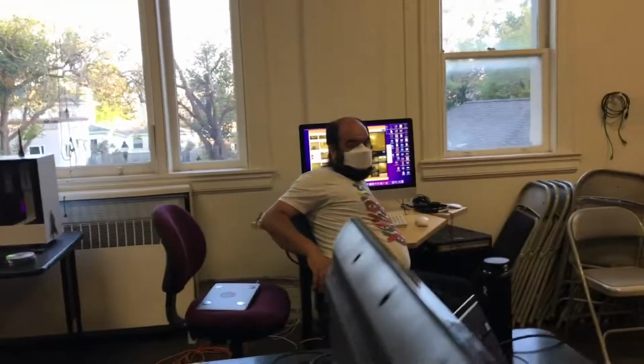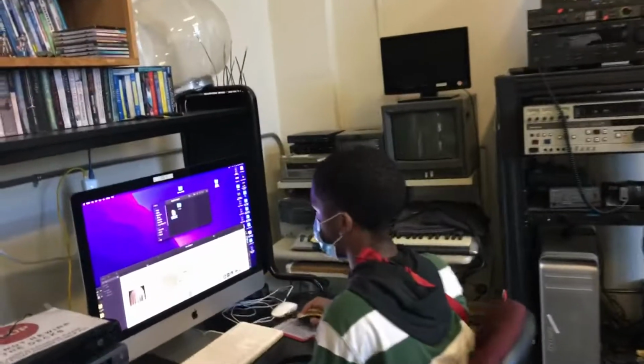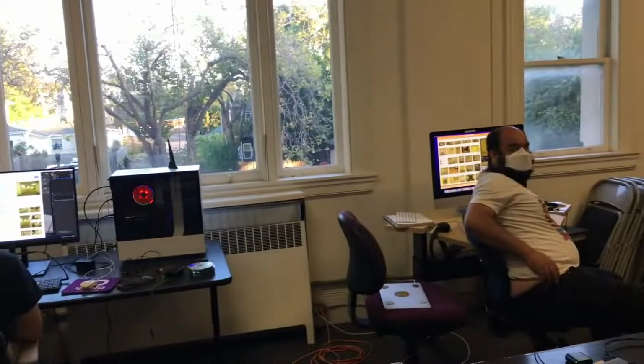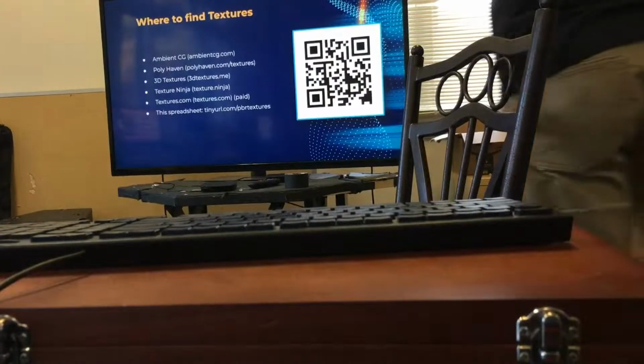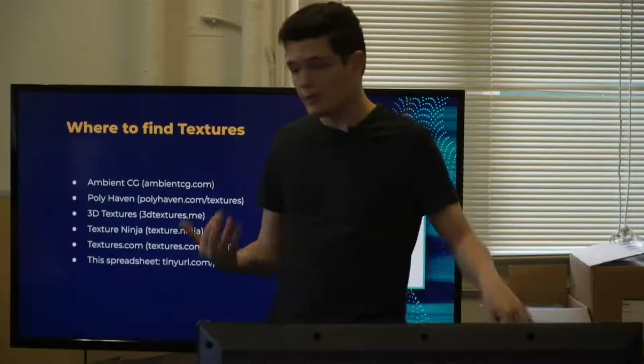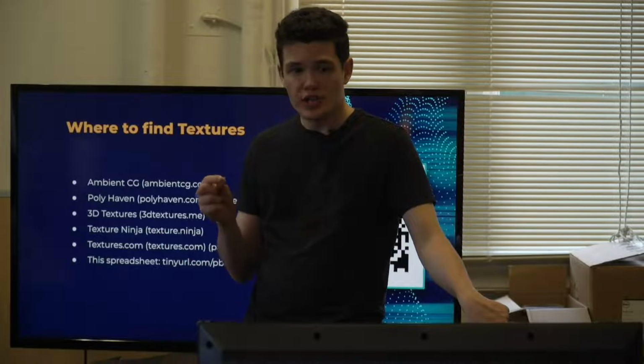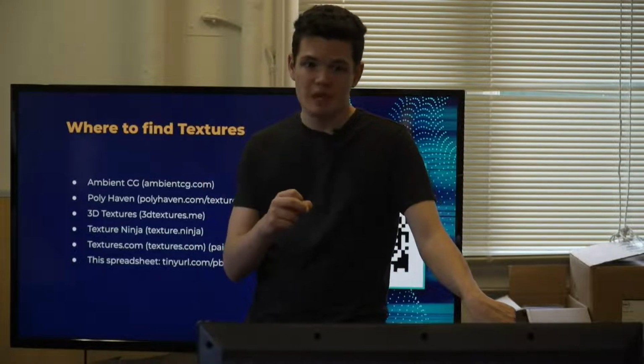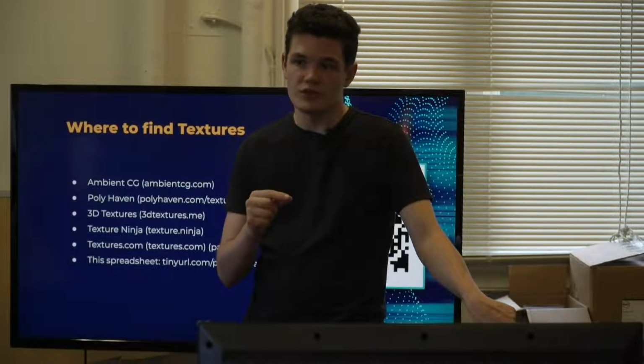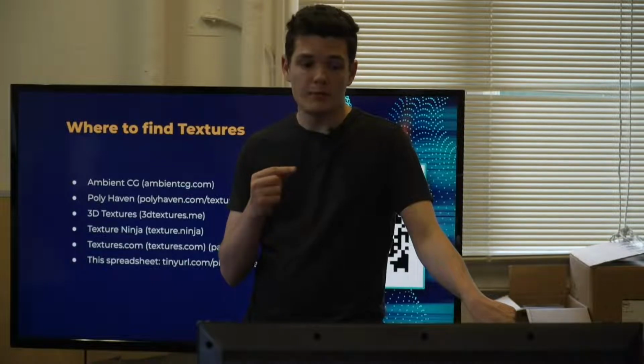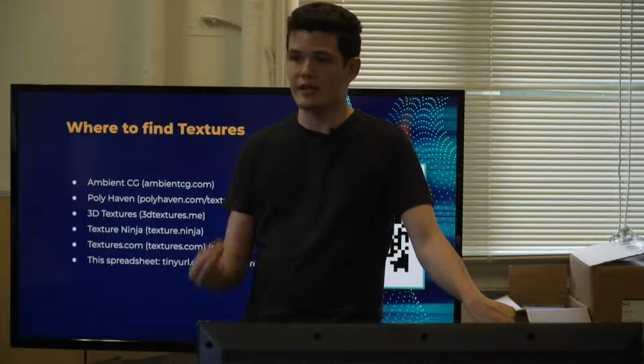So get used to these types of resources, because, oh, one more thing: make sure that the textures are in OpenGL format. It's kind of stupid that this is the case, but there are two different normal map formats. There's OpenGL normals and there's DirectX normals. Blender uses OpenGL normals. Other pieces of software like Unreal Engine use DirectX normals.